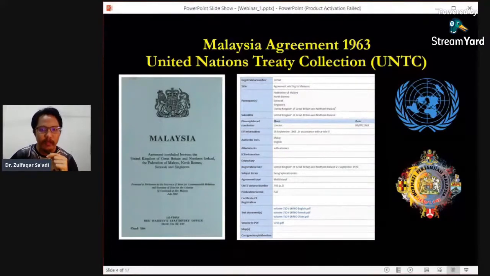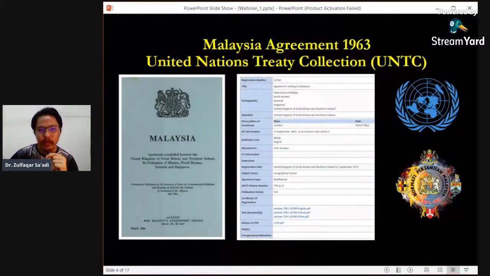The enforcement date of Malaysia Agreement is 16 September 1963, in accordance with Article 2 of the Malaysia Agreement 1963. The authentic text of Malaysia Agreement is in Malay and in English, but there is also a French translation in the United Nations. But the authentic text is in Malay and English.